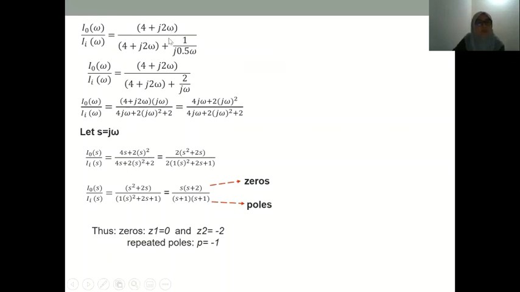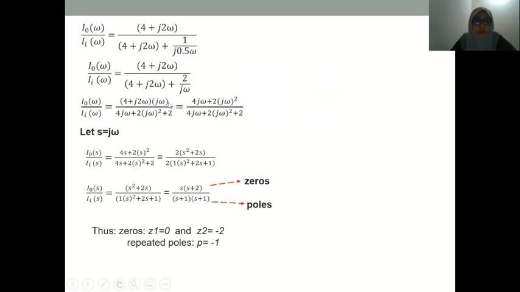So from 4 plus J2 omega divided by 4 plus J2 omega plus 1 over J 0.5 omega, we convert 1 over 0.5, so it becomes 2 divided by J omega. Then you go for cross multiplication at the denominator side. You will get the denominator 4J omega plus 2J omega squared plus 2.